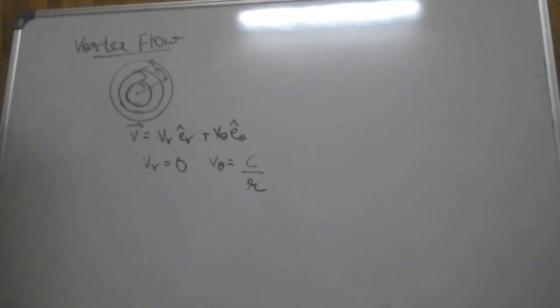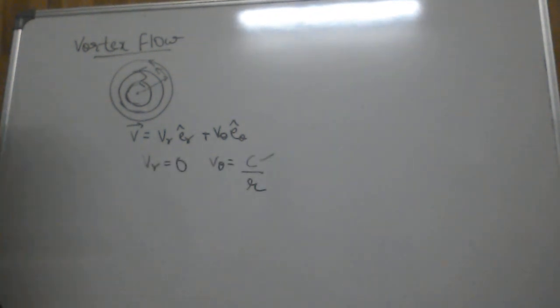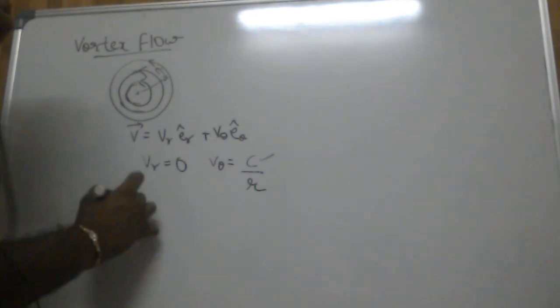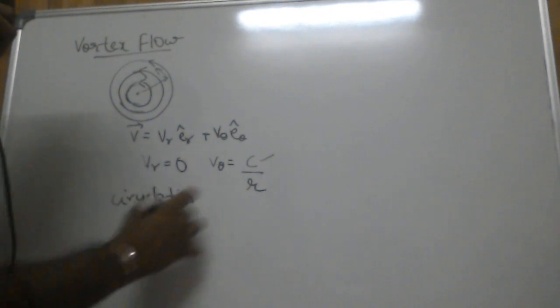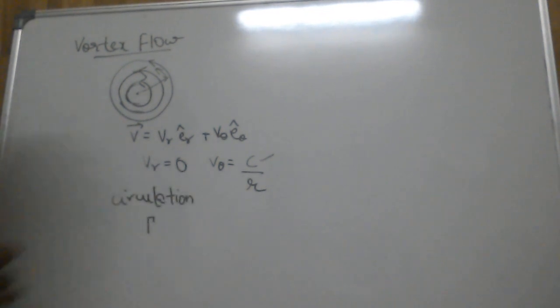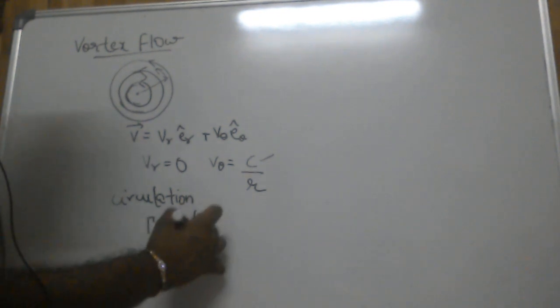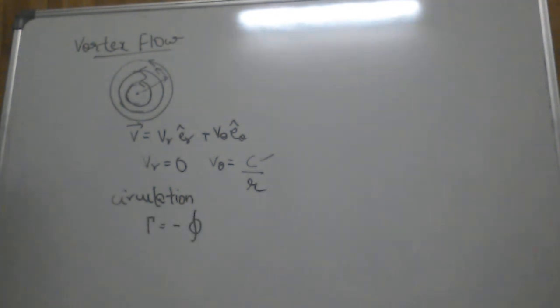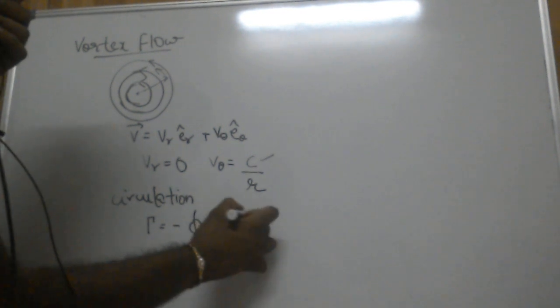So at this point, let's try to find out what this constant C is. For that we resort to a concept called the circulation. Circulation, which is typically denoted by gamma, is given as minus the integral of V dot dl.